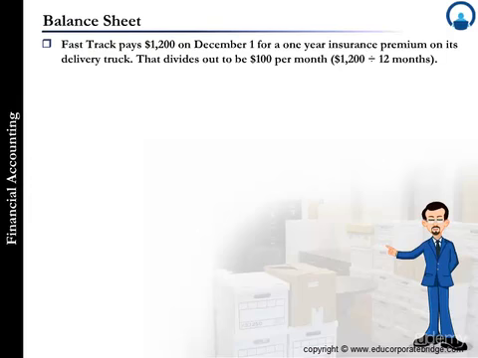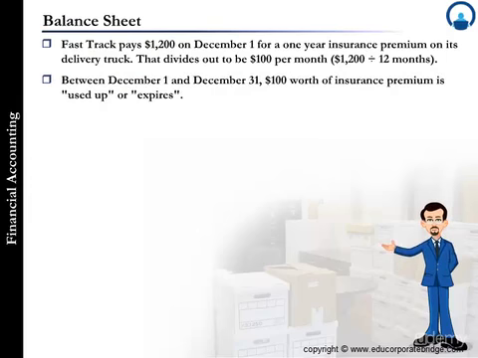Fastrack pays $1,200 on December 1 for a 1-year insurance premium on its delivery truck. That divides out to be $100 per month. That is $1,200 divided by 12 months.